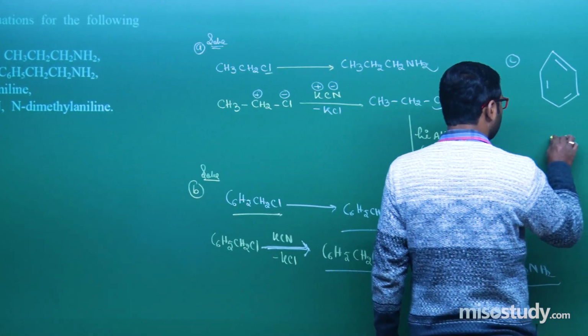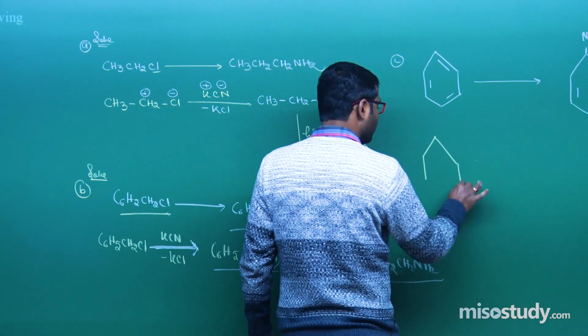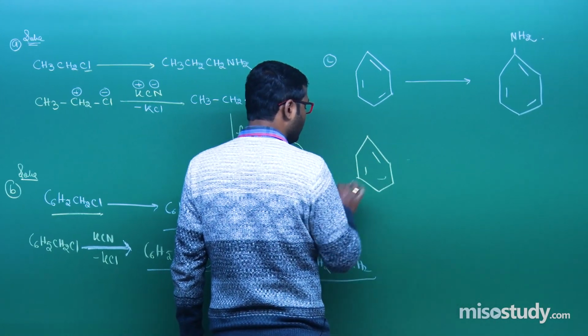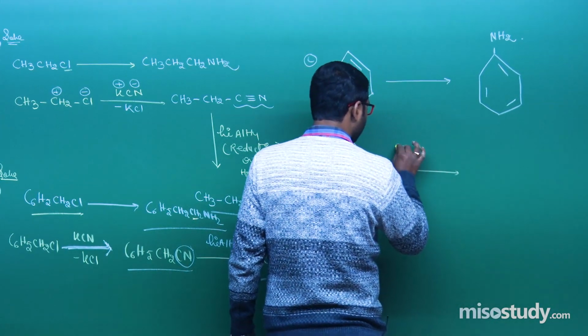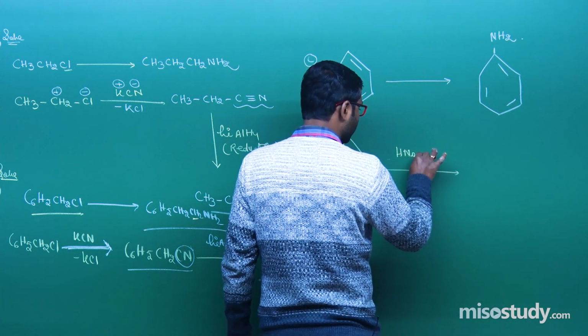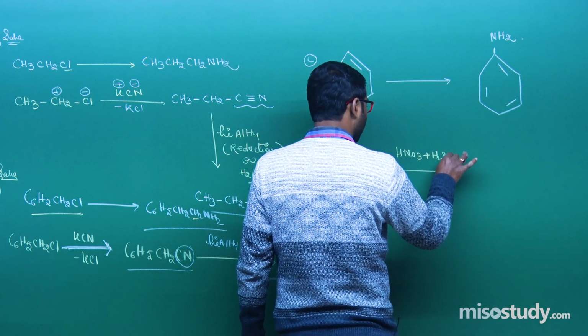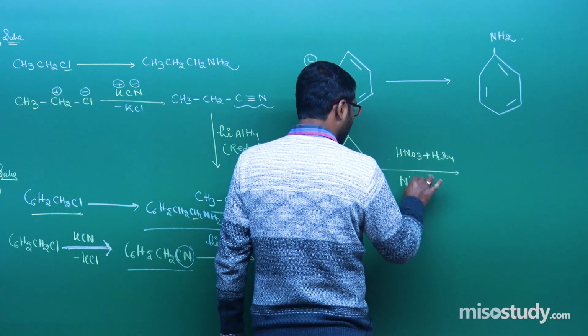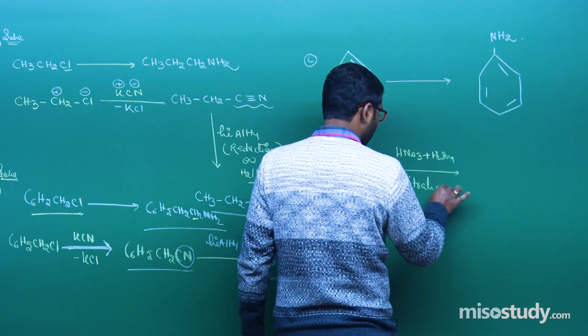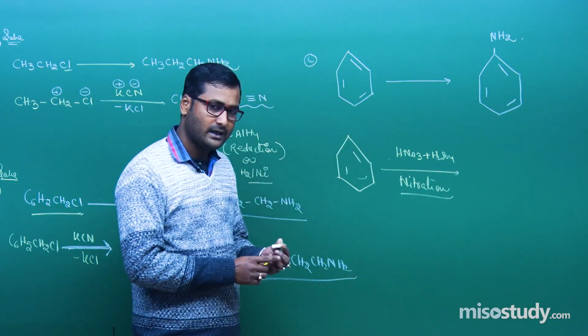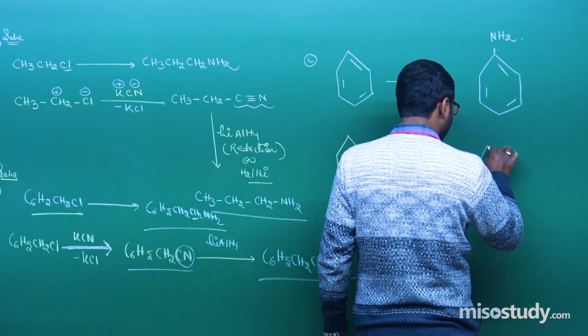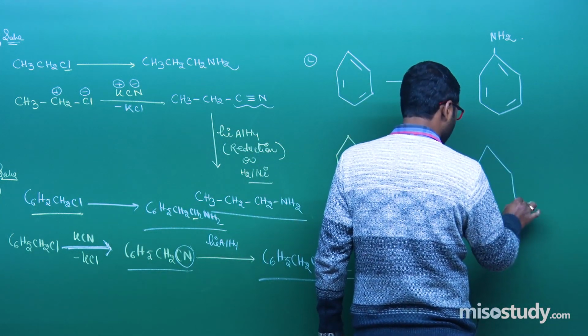It's very simple. This is simply benzene. When it is treated with HNO3 and H2SO4, nitration takes place, that is the process called nitration. It will give nitrobenzene.